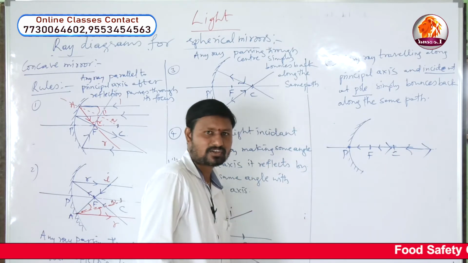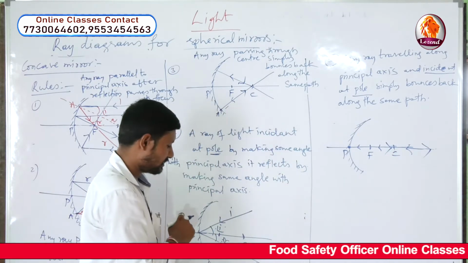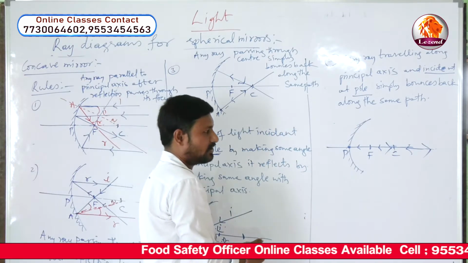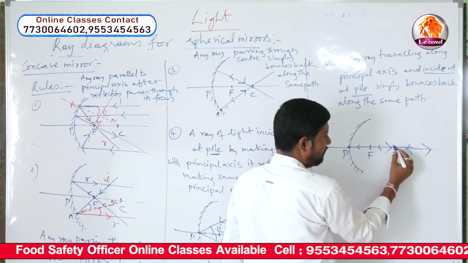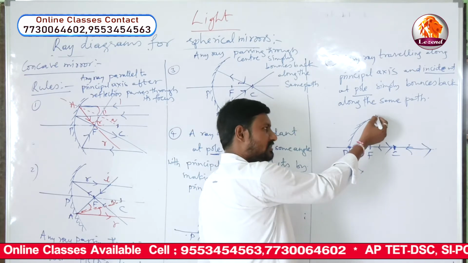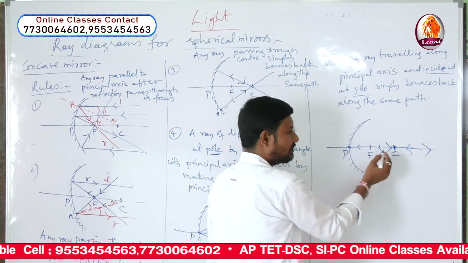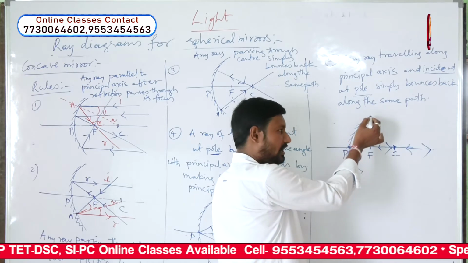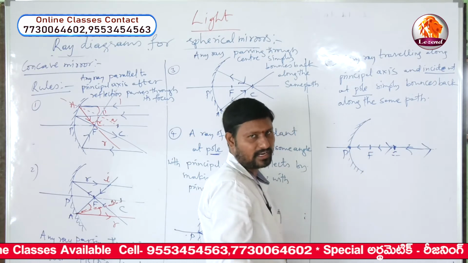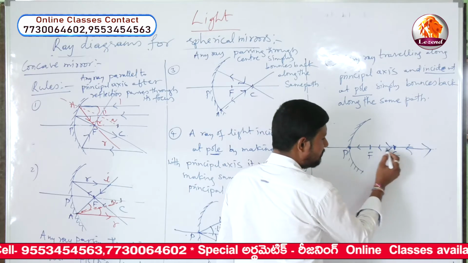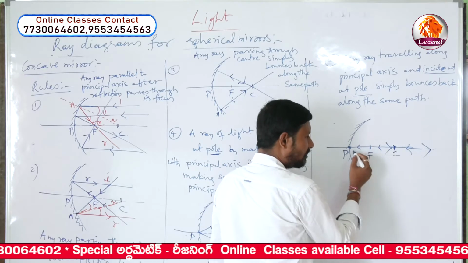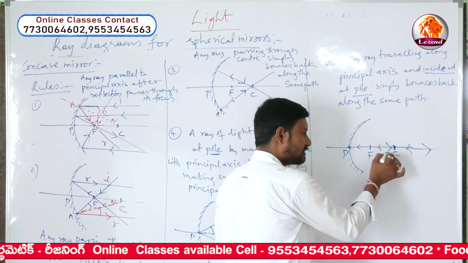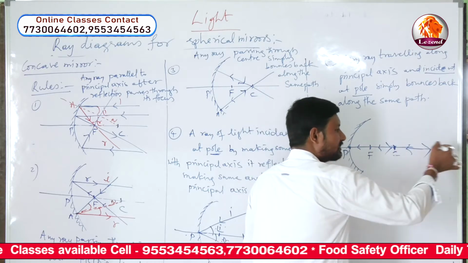That's all. This is the same as the earlier rule, indirectly. Why? Because from the center to the pole, the line lies on the mirror itself. Any line joining the center to the pole or any point on the mirror behaves like a normal, so this PC is a normal indirectly. That is why this also simply bounces back along the same path.